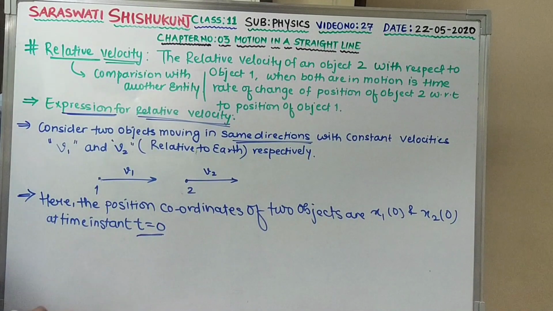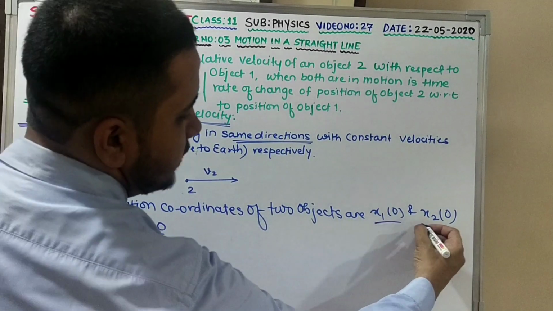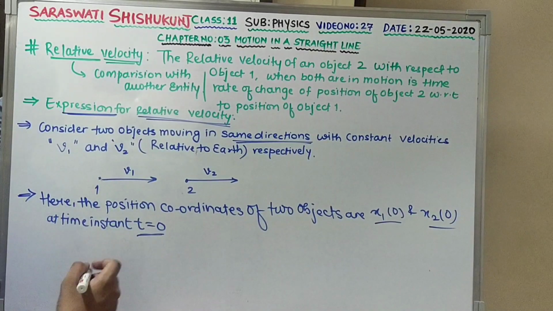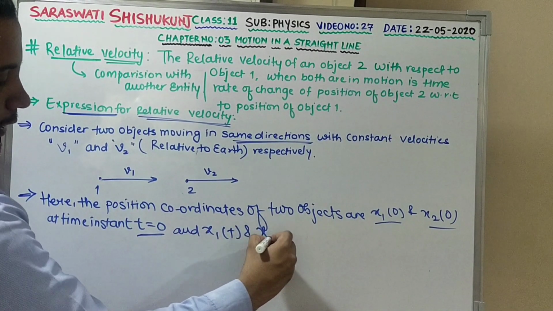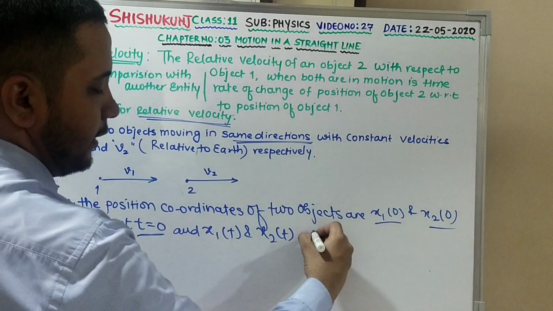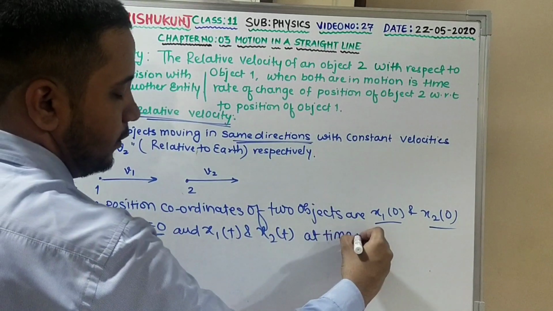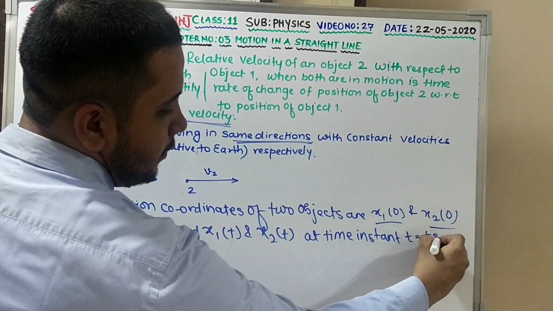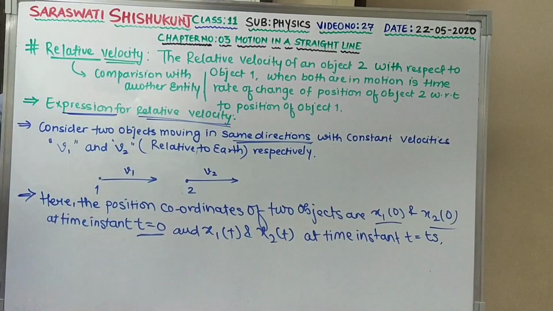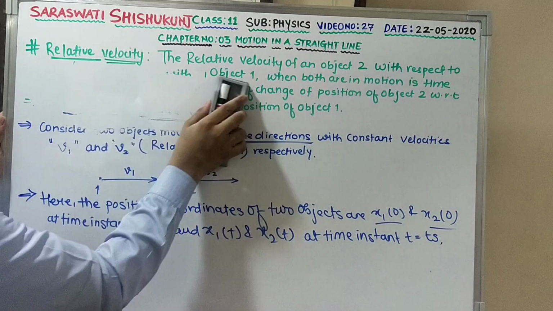At your initial position, t equal to 0 seconds, your position coordinates are x10 and x20, and x1t and x2t at time instant t equal to t seconds. Till this clear? Moving ahead.